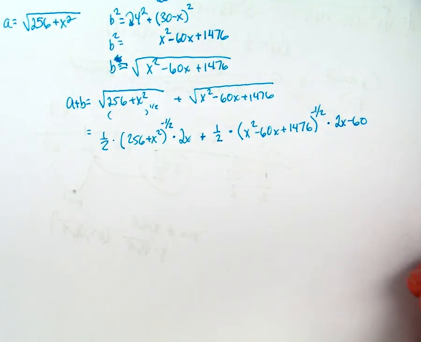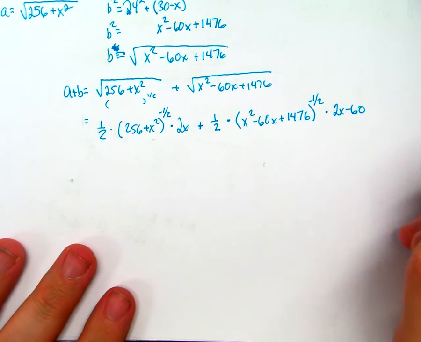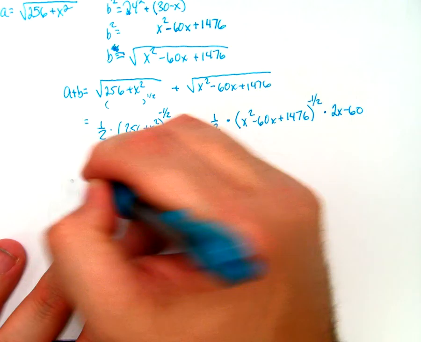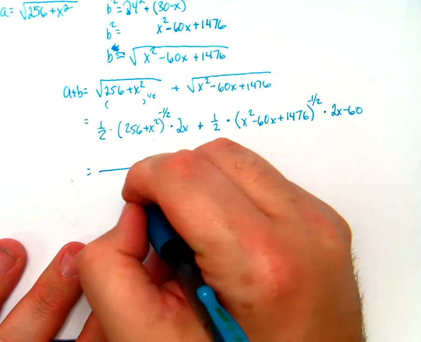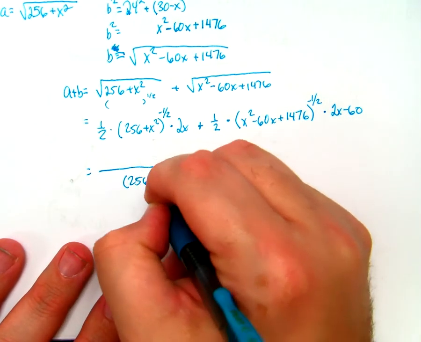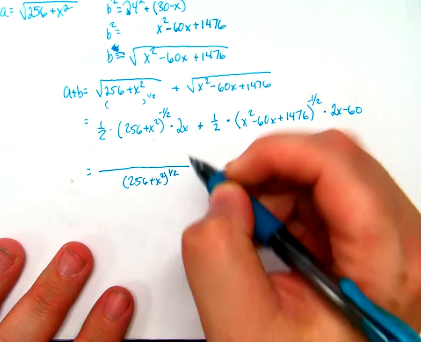This is just totally ugly. So 256 plus x squared to the 1/2 is in the denominator. 1/2 times 2x is how much?